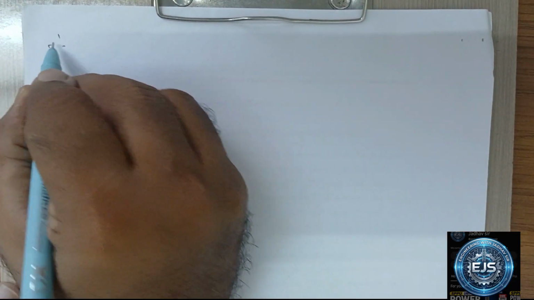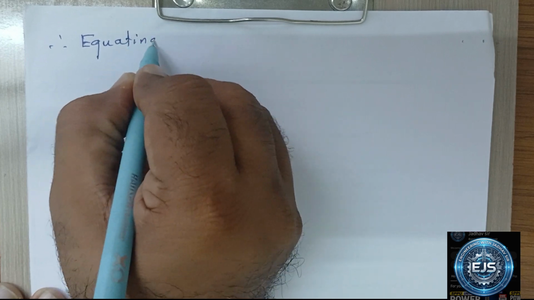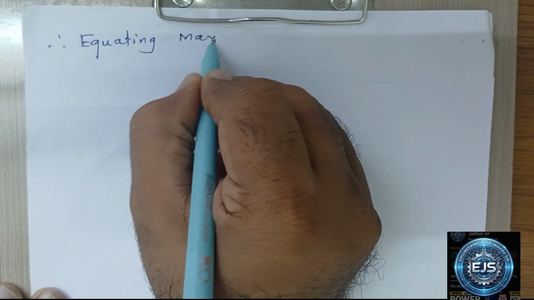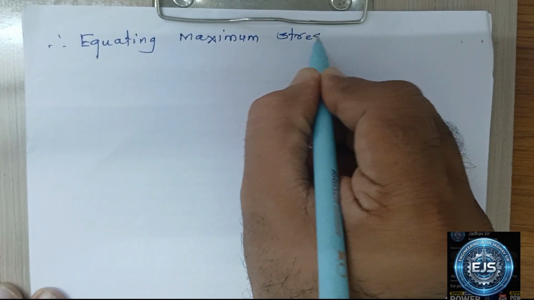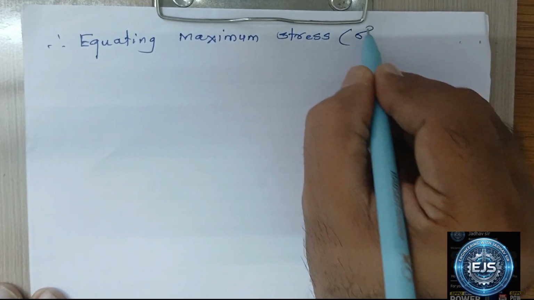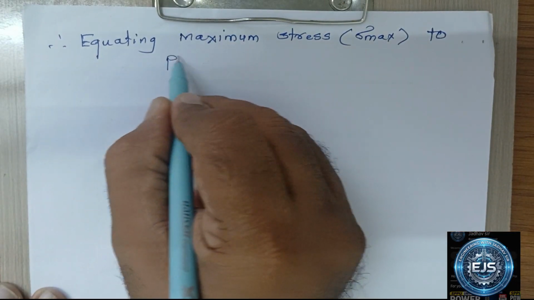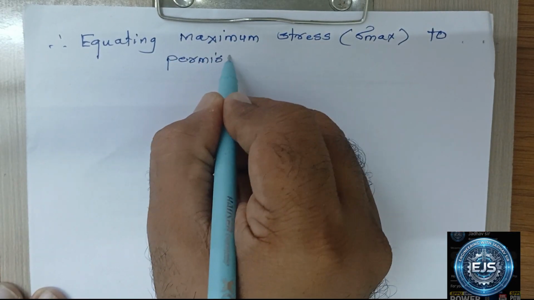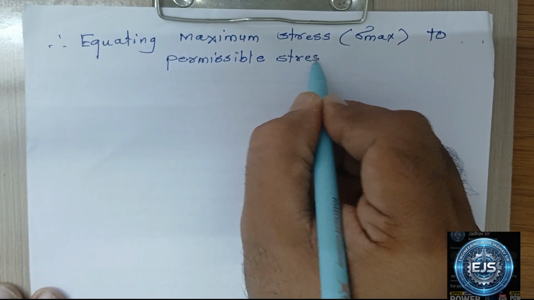So the next step is equating the maximum tensile stress, sigma max, to the permissible stress, which is given in the problem. The permissible stress is 70 megapascal.